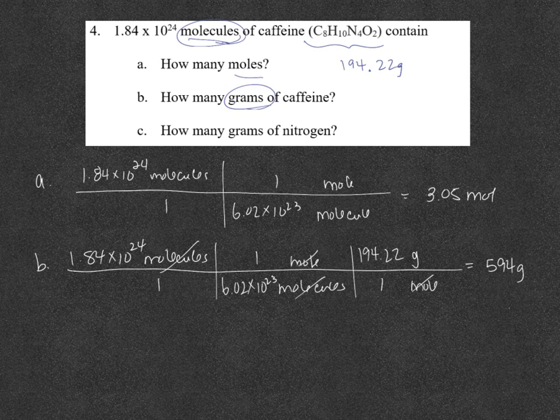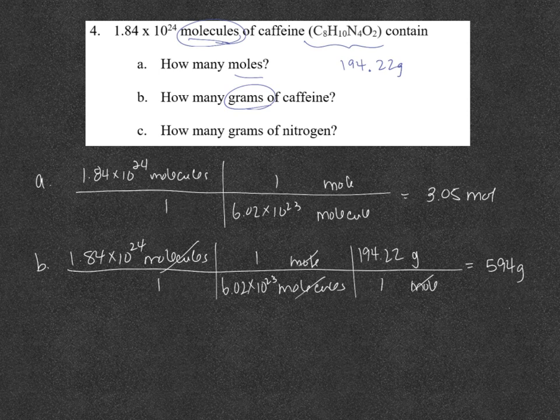Now C is how many grams of nitrogen in this many number of molecules. There's a lot of different ways we can do this. And I've been trying to stress this in class, that there are different ways we can do it. And we're going to do this using mole conversions rather than a percent composition. So remember the subscripts here, the 8, the 10, the 4, the 2, they have to do with a ratio of part to the whole.